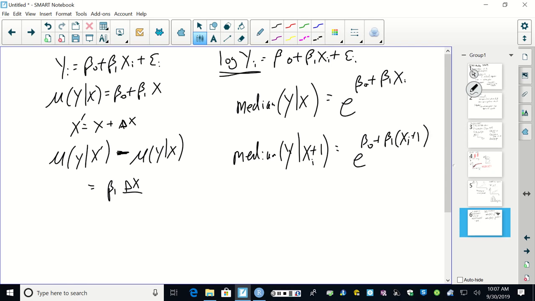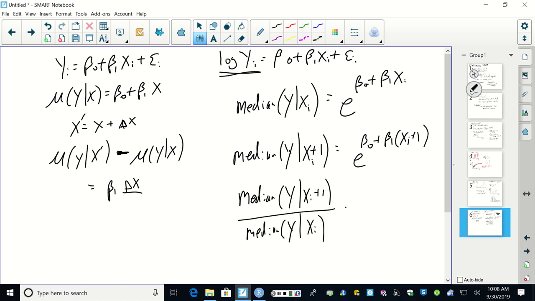And so the ratio of the medians, the median of y given x_i plus 1 over the median value of y at a given value of x, is just e to the beta 1.